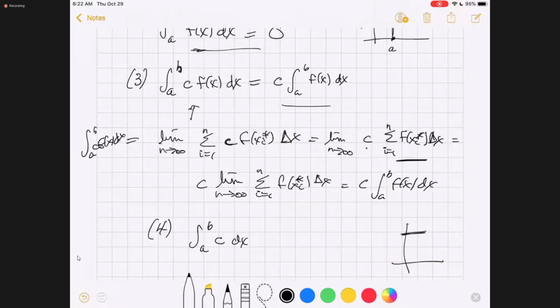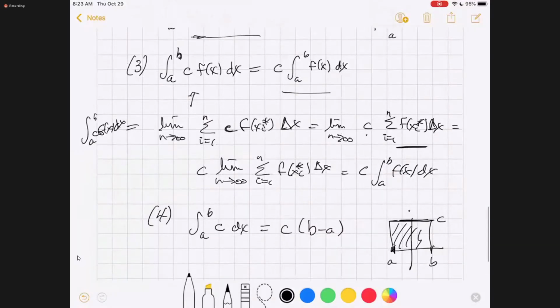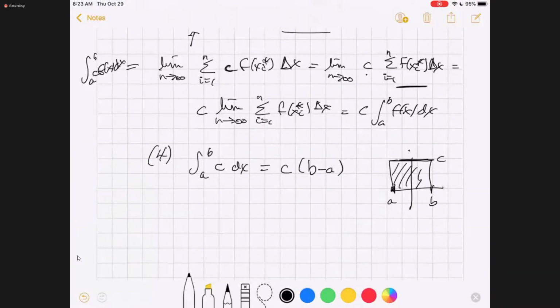So you have c here, maybe a is here and b is here. And if c is positive, call that height c. Then this is just computing the area of a rectangle, which is going to be c times b minus a. But even if c is negative or 0, it still works.